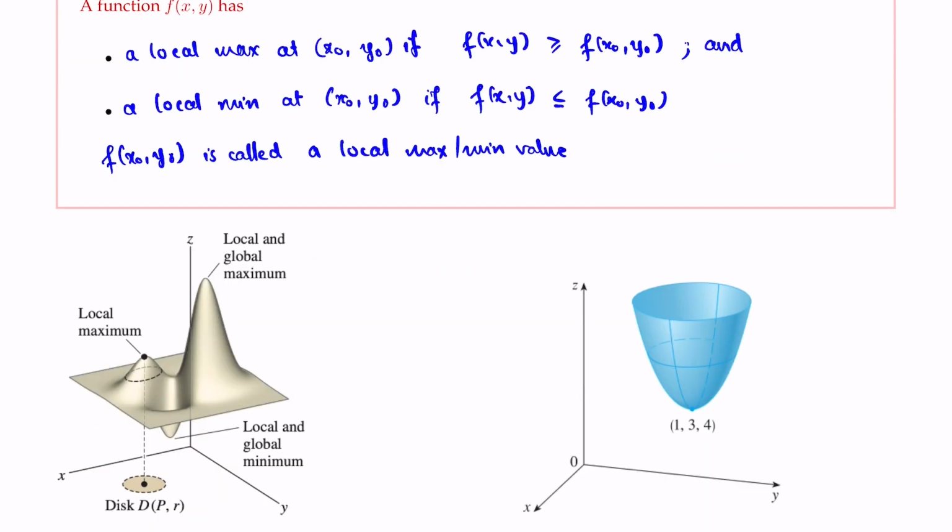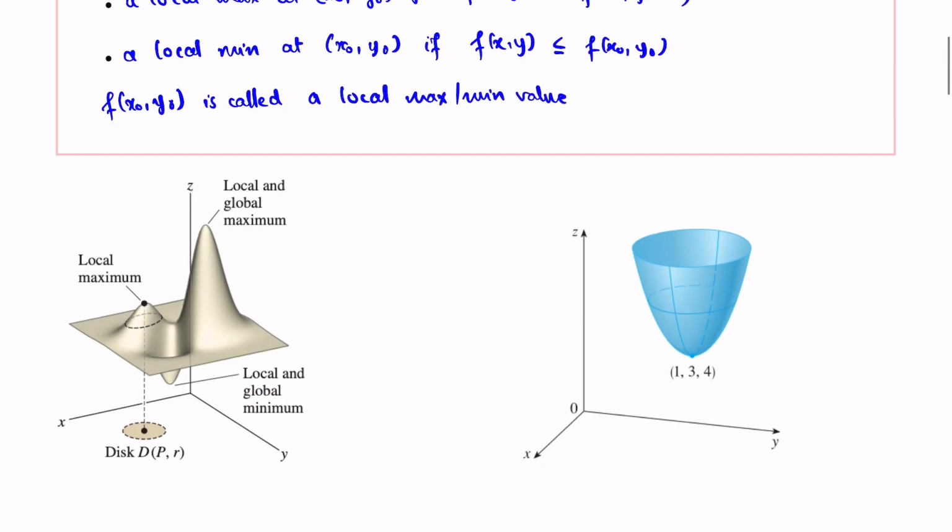So let's take a look at the following image. It depends on the region of consideration that you may have different terminology for a point. It might be a local or global maximum, local or global minimum. For instance, if you consider this point on the entire domain of the function, then this point represents a global maximum. If you examine this point on an open region, then this point represents a local maximum.